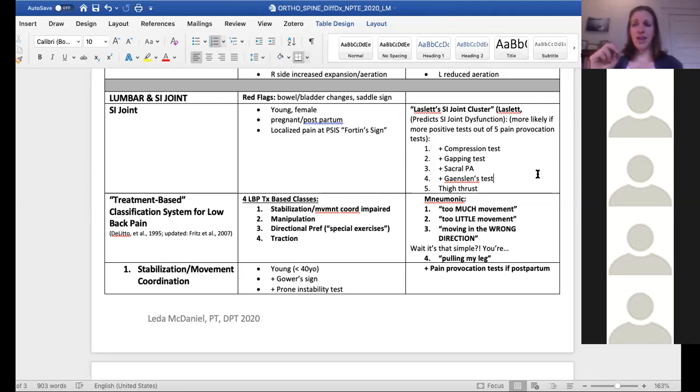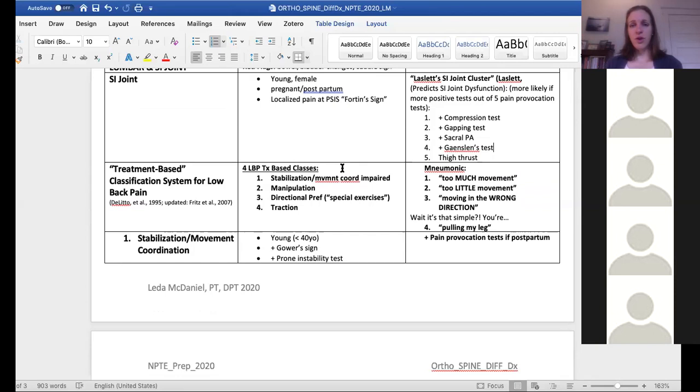Those are tests like the Stork test, palpating SI joint movement while somebody's standing on one leg, the Gillet test, or the March test, which is palpating the opposite SI joint or the leg that's moving into a march. Leg length discrepancy tests, short to long sit tests, forward bending tests. I'm not saying they're not SI joint tests, but they're not as well proven to indicate true SI joint dysfunction.